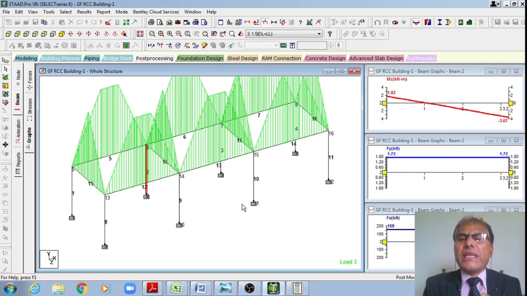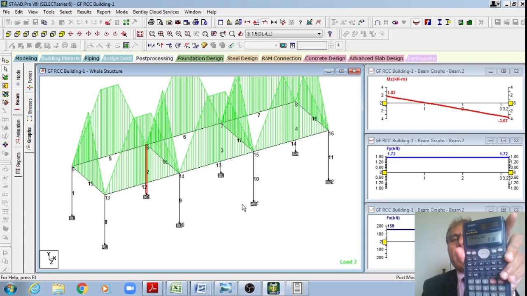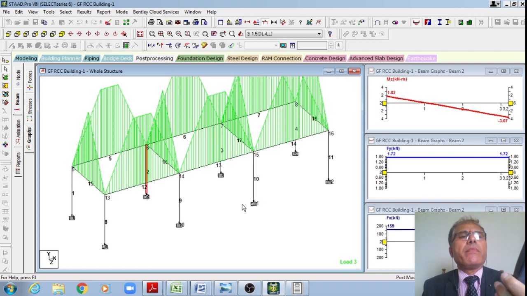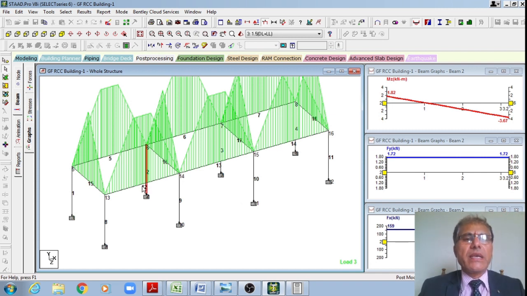However, whether it is acceptable by the code, right? 159 multiplied by 0.02, no, that is not acceptable. Even that 1.82 is not acceptable, because 159 multiplied by minimum eccentricity 20 mm is 3.18. Therefore 3.18 will govern the design about both the directions, right? That is how the designs of the columns are also done.